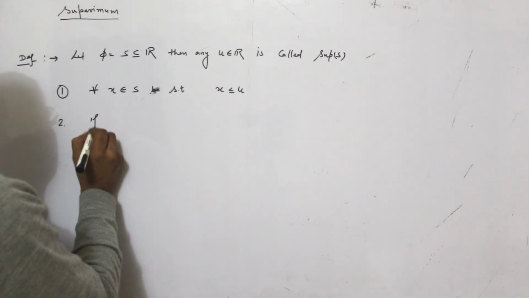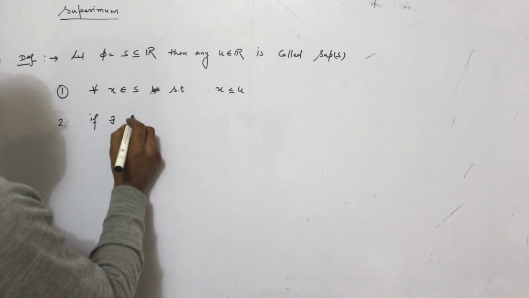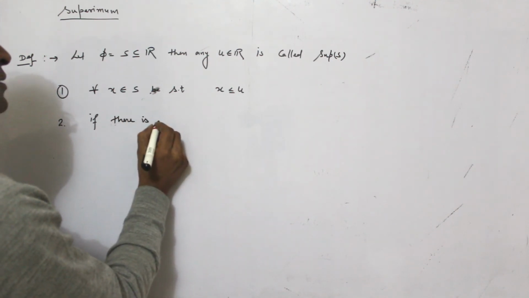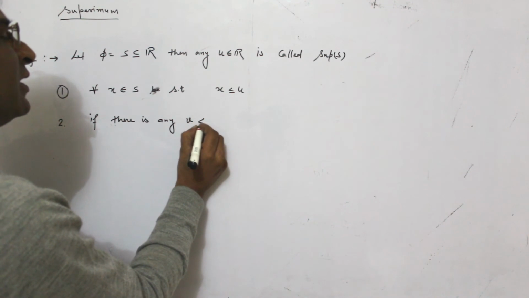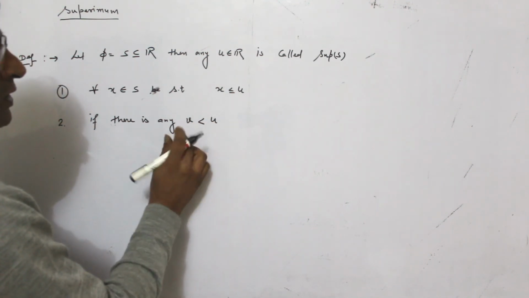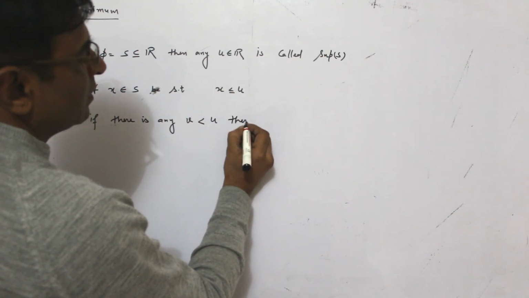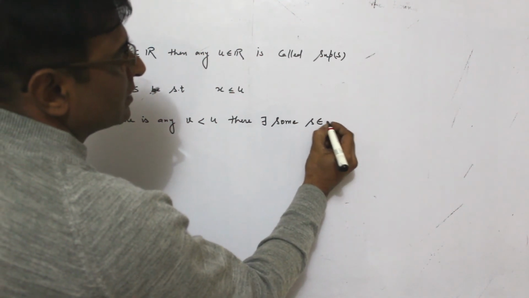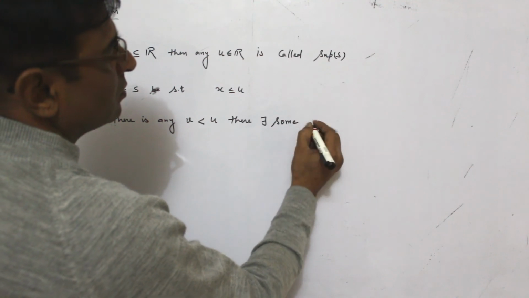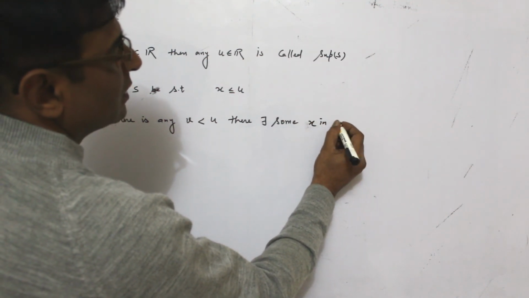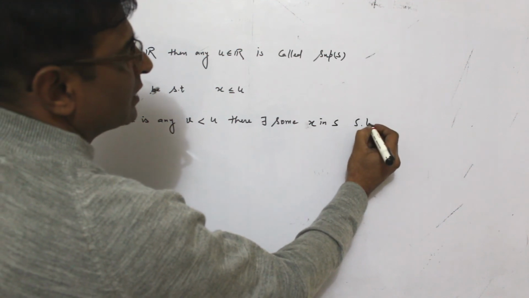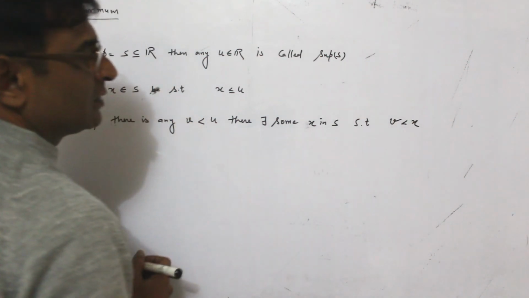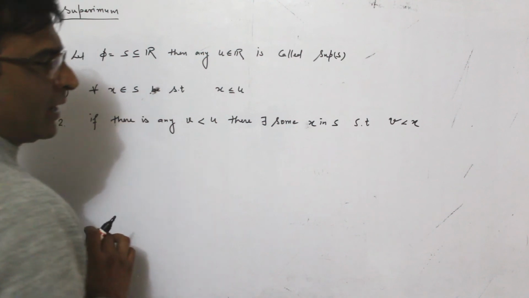Second part: if there is any v less than u, then there exists some x in S such that v is less than x.